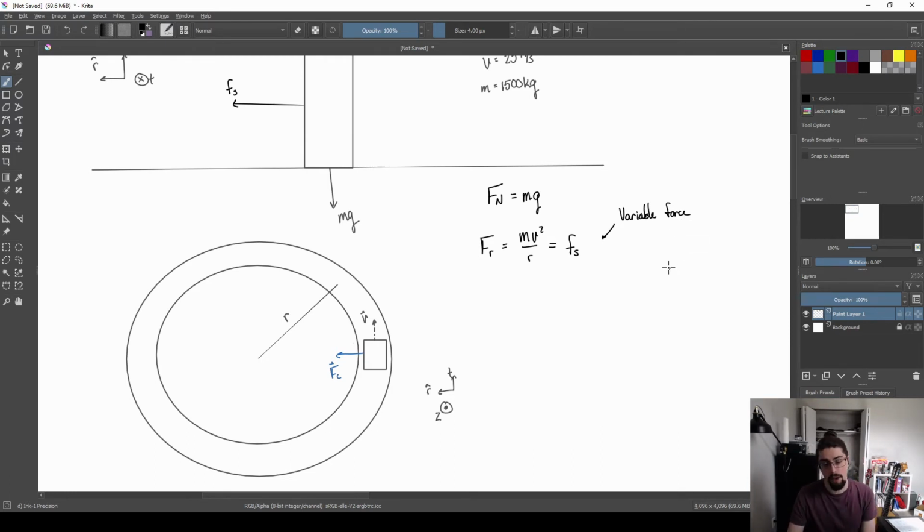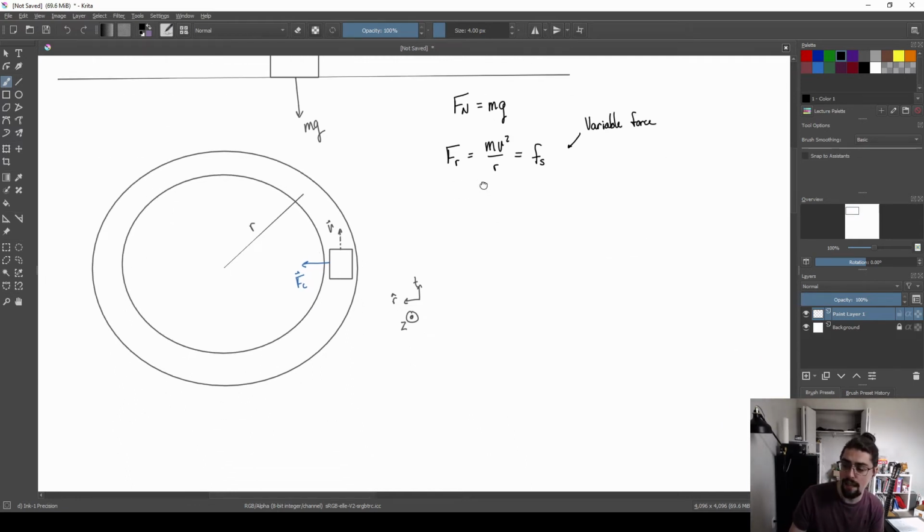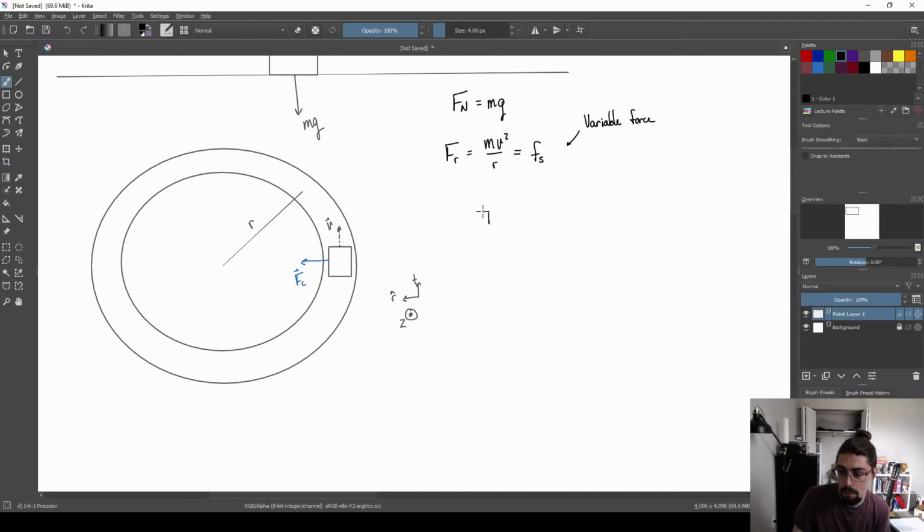So in the premise of the problem, we're asked for the maximum velocity that we can still go around the circle and not crash, right? Not slide off the track. So in a case like that, to maximize speed, first, maximize friction.